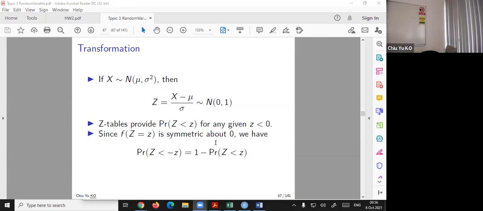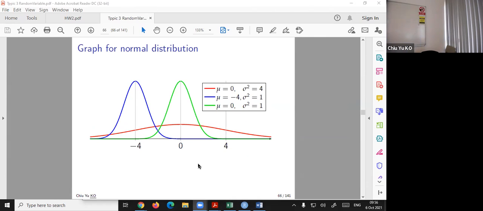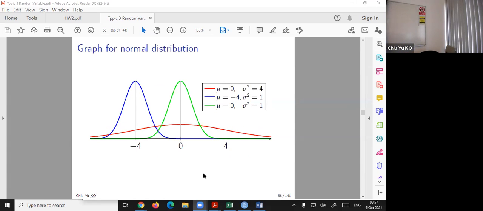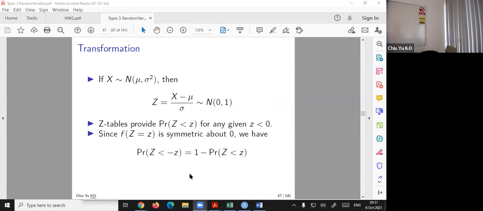Look at this diagram. Before, if you subtract every value, you just shift it. And then you divide by sigma. Here you just scale it, so that's why you divide by sigma, and you get back this guy.